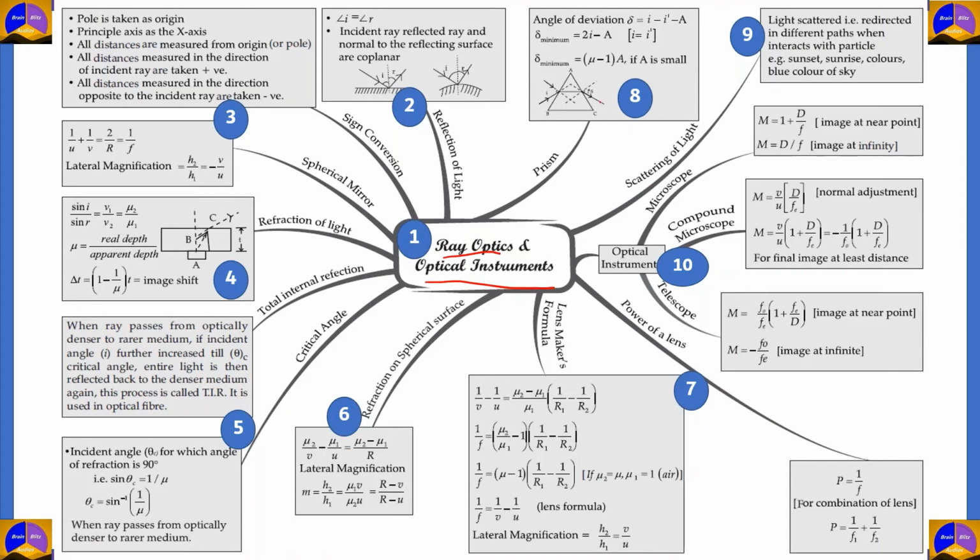Also, we have formulae with respect to the angle of deviation in a prism. So this is an overview of the chapter Ray Optics and Optical Instruments.